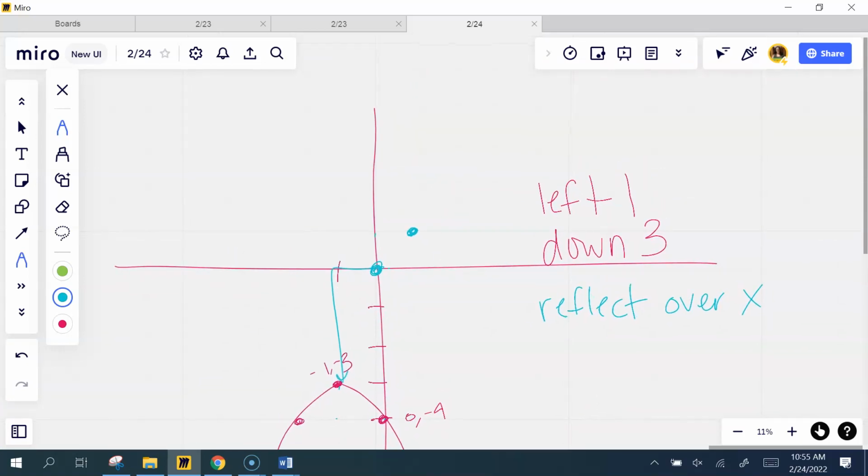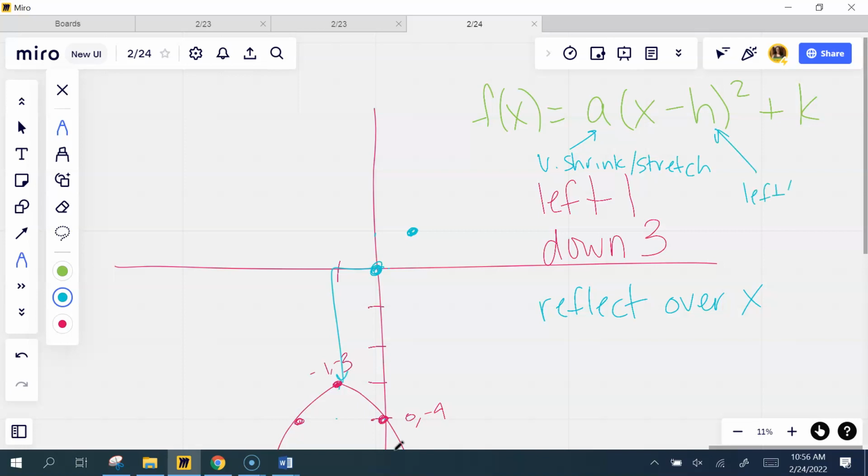And maybe it'll be easier. I don't want this to confuse you, but it might help you. Vertical shrink or stretch. Left, right.